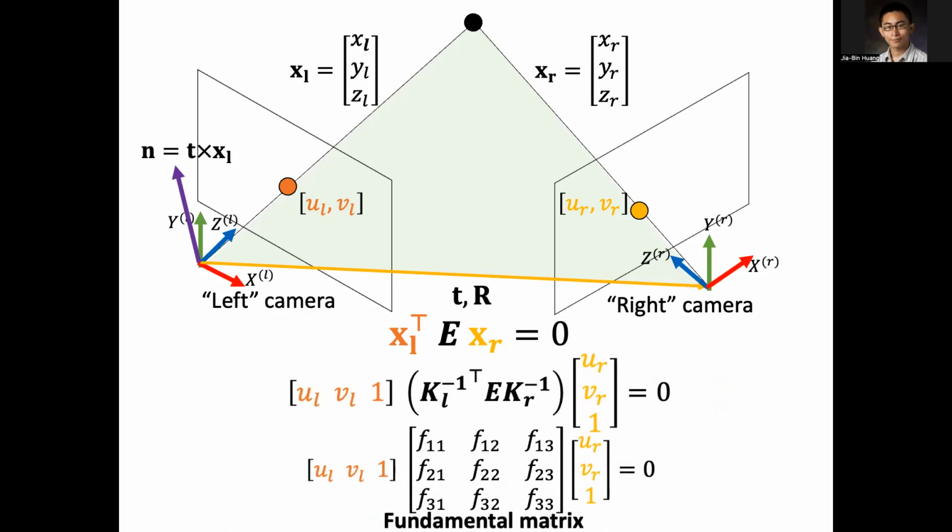What it does is that your 2D point in the left camera is related to the corresponding point in the right camera by some fundamental matrix that describes the relationship between the two cameras.